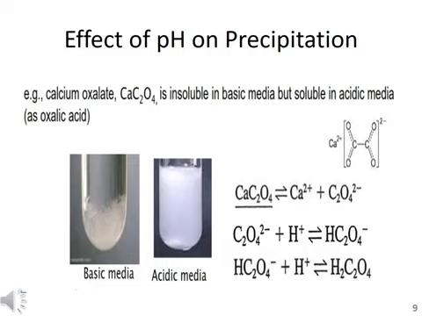Whether the reaction chamber is acidic or basic, it should be according to the requirement, according to the protocol of the analysis. If it requires a basic medium, then you will have to provide the basic medium for the reaction. And if the requirement is an acidic environment, then you will have to provide the acidic environment to the reaction.